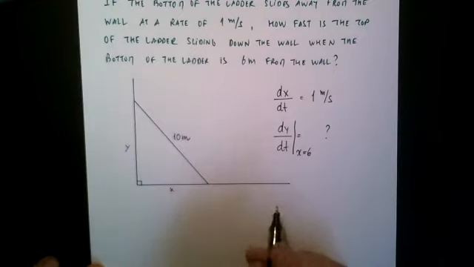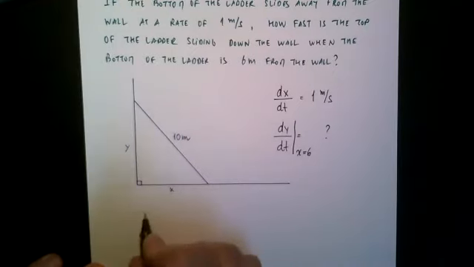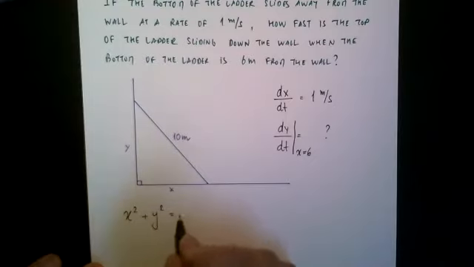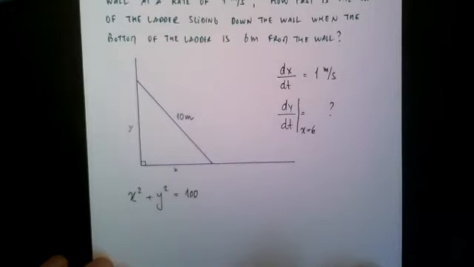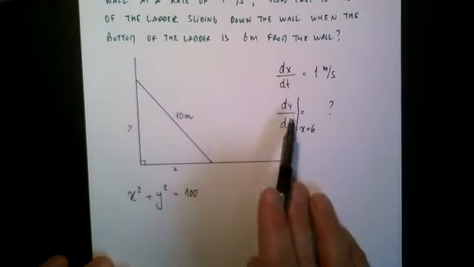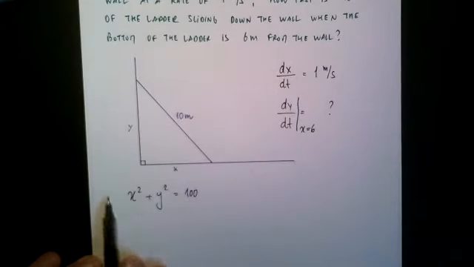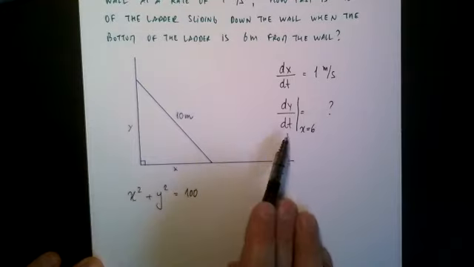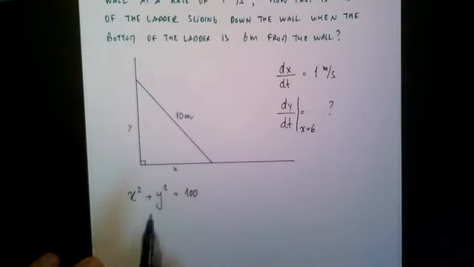Okay, so right away I know that x² + y² is equal to 100. And if I'm looking for dx/dt and dy/dt, I'm just going to derive everything here. I'm going to find the derivative with respect to t of everything. I'm assuming that x is a function of t, and y is a function of t.